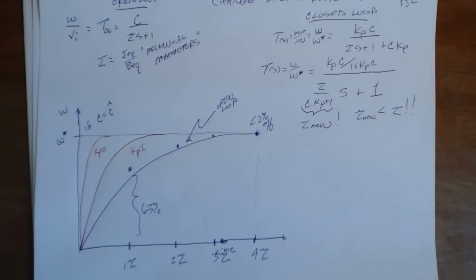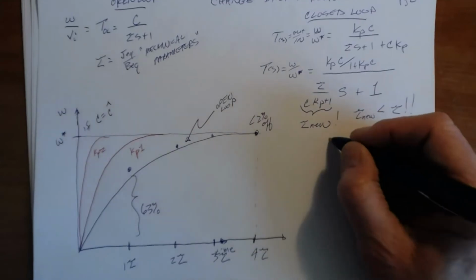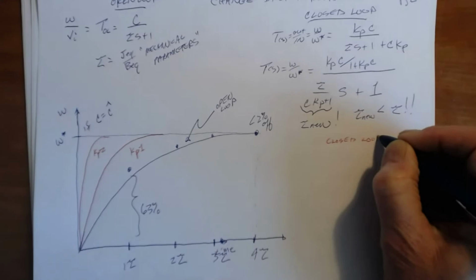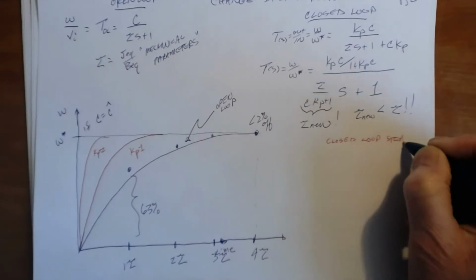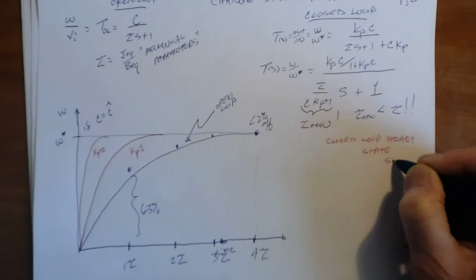There's a slight bit of difference here, and that is, let's look at closed loop steady state. That means S equals 0.